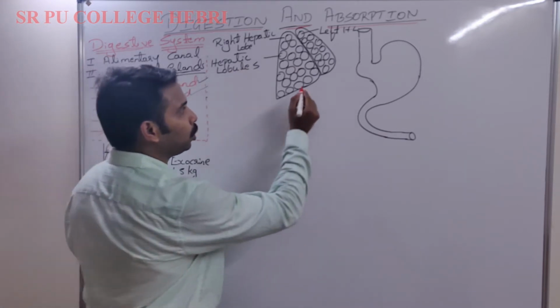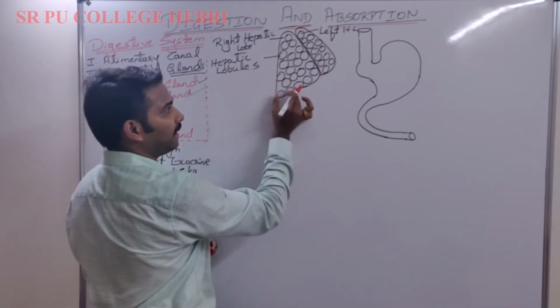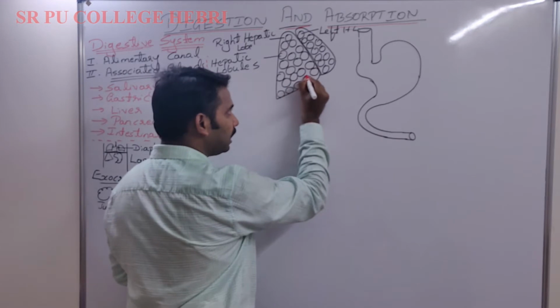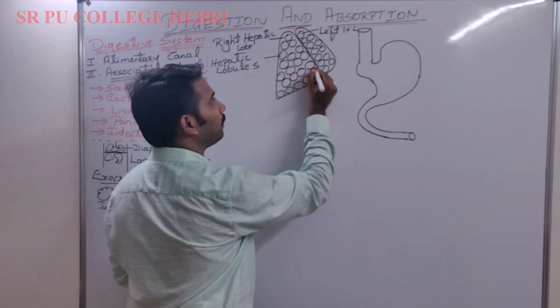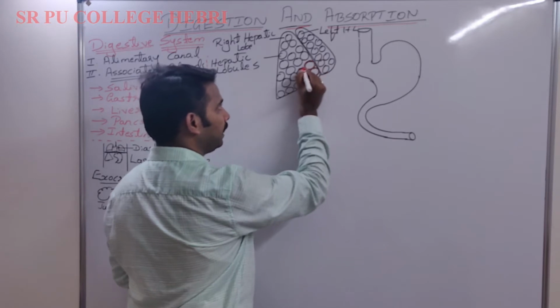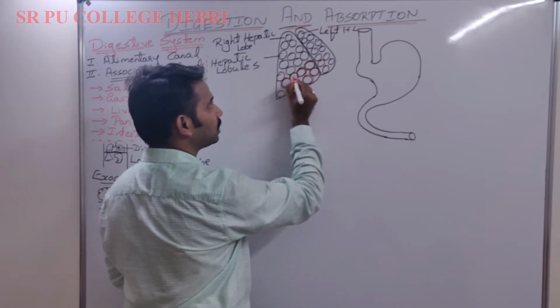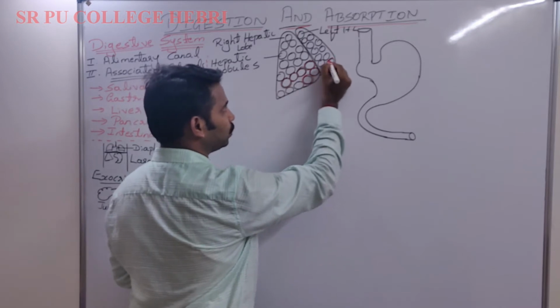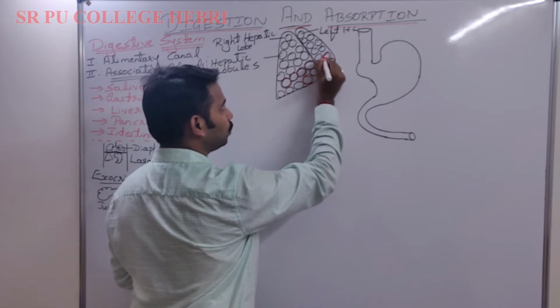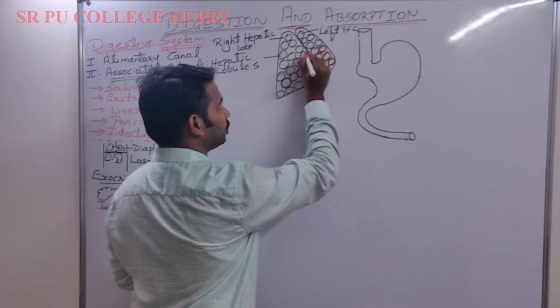Each of the two lobes is divided into smaller lobules. Each lobule is covered by a connective tissue. Each lobule is covered by what? Connective tissue. You know, epithelial tissue, nervous tissue, likewise another tissue, which is connective tissue. Complete this.